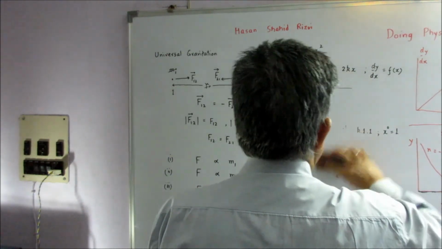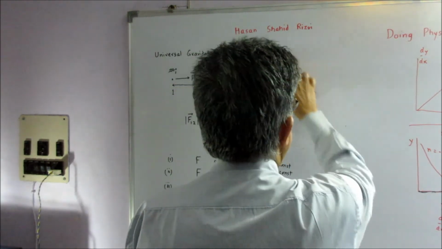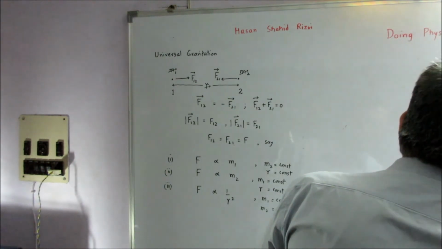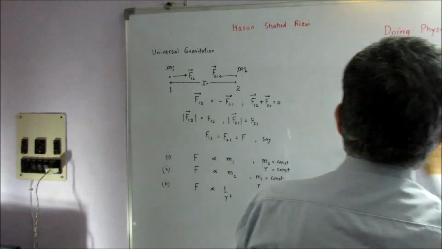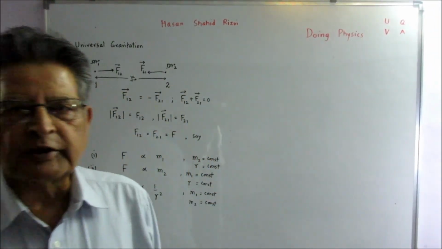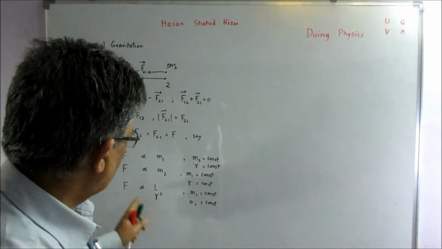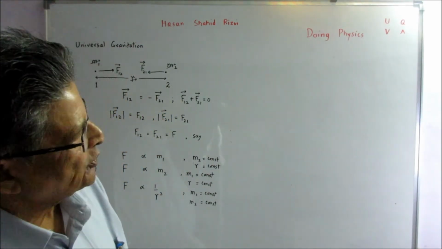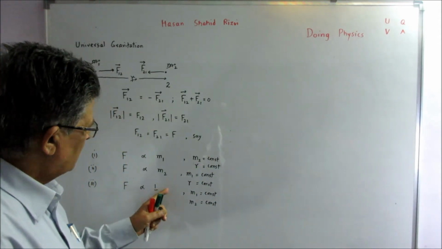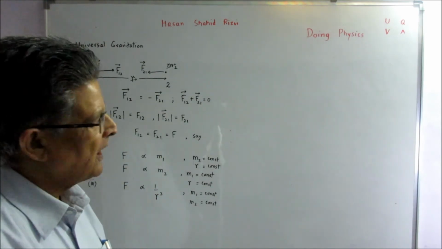Initially, this came as a conjecture, while Newton was talking about doing things, but today I will ask you to go through a kind of thought exercise and establish that F is proportional to 1 upon R square. This is called the inverse square principle or inverse square law.